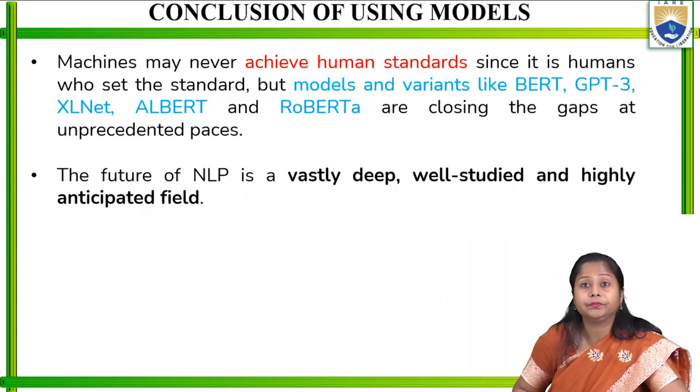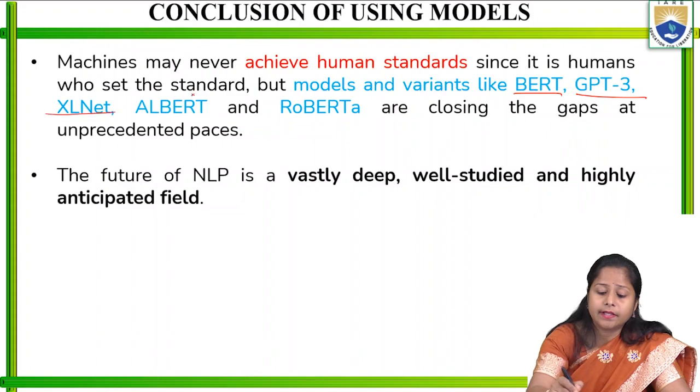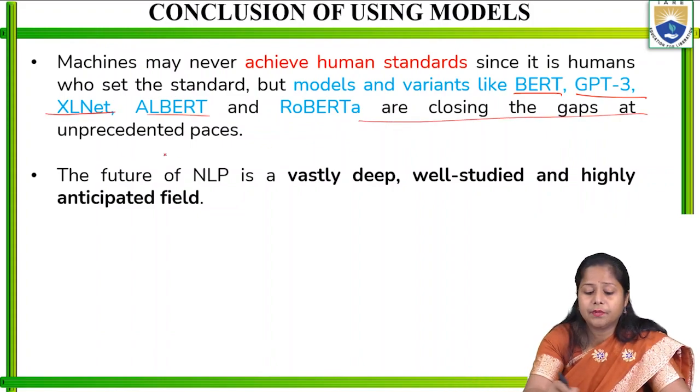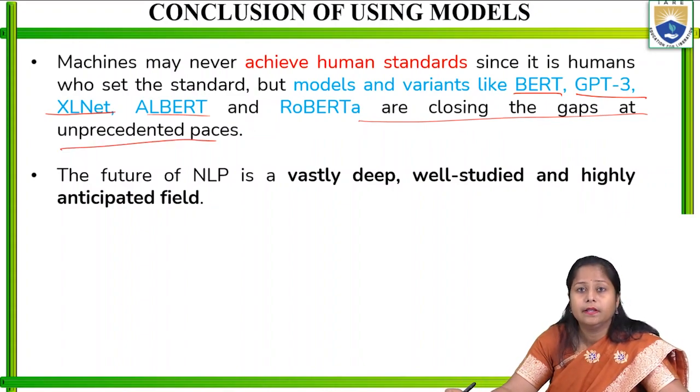Next we will see the conclusion of using different types of models. Machines may never achieve human standards, but since it is humans who set the standard, models and variants like BERT, GPT-3, XLNet, ALBERT, and RoBERTa are closing the gaps at unprecedented paces.